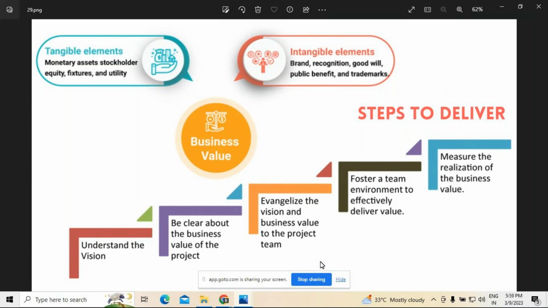This is one thing. Next, once we have fostered a team environment, we need to measure the realization of the business value. This measuring of the realization of business value is based upon the goal a product owner wants to achieve, which is called the sprint goal. From the context of agile, I'm talking about this, right?